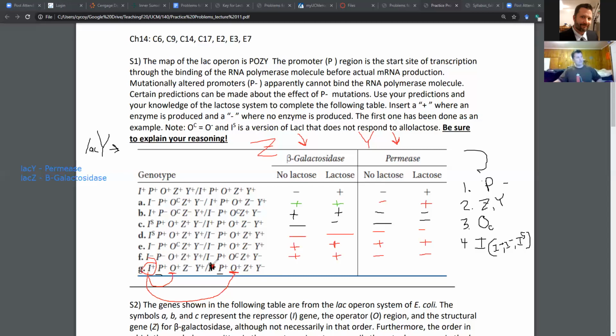This one's broken, but that doesn't matter. There's constant repressor, the functional I is all over the place. So this is your standard responding to lactose, minus plus, minus plus. And that would be all of these questions.